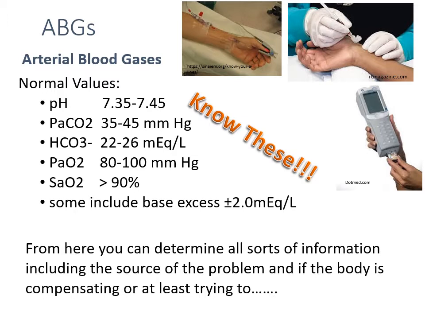So these are your typical values, and let's go on and do some examples. And by knowing your normal values, you'll be able to work out whether someone has a respiratory condition or a metabolic condition that's causing their changes in the pH.